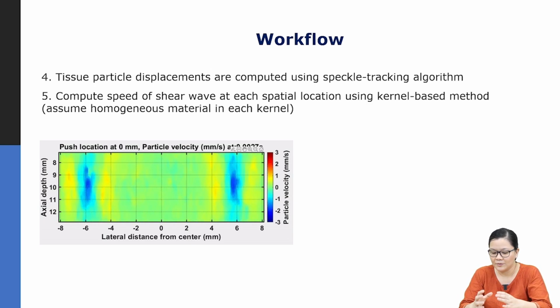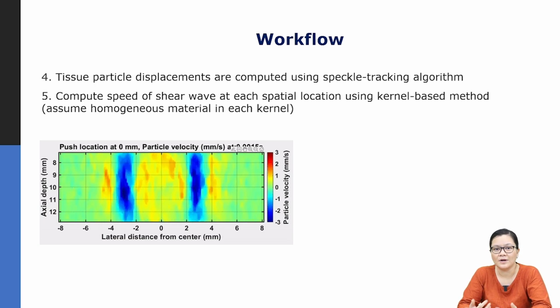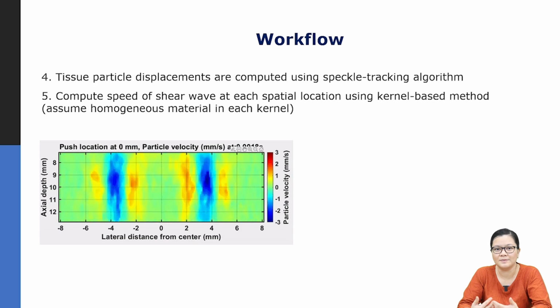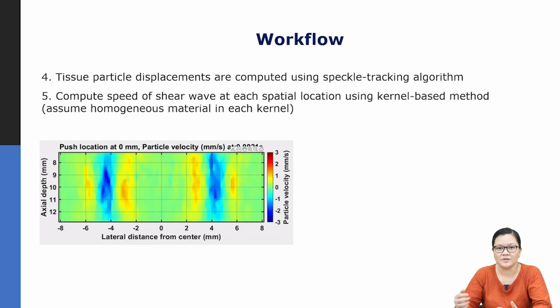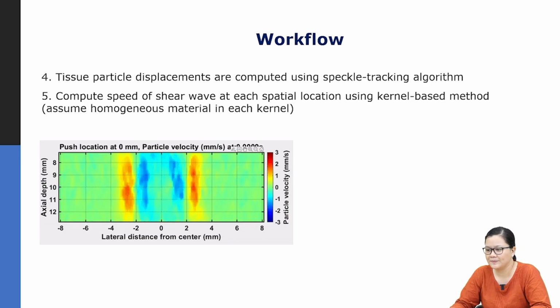Using this 3D data set, we will compute the tissue particle displacements, or the velocities, using a cross-correlation algorithm or a spatial correlation speckle tracking algorithm that allows us to monitor the particle displacements as the shear wave is propagating through the tissue.